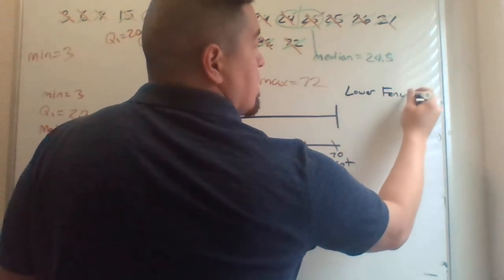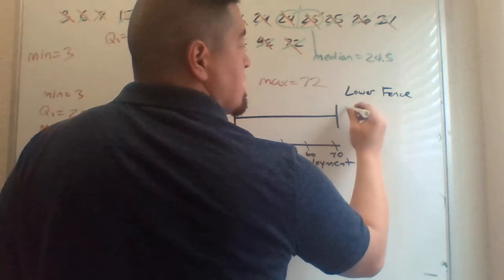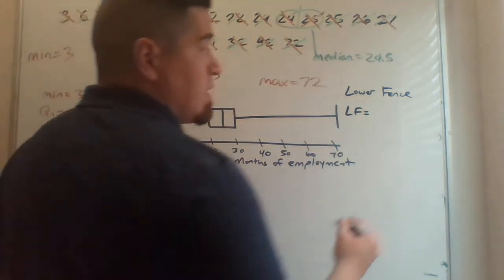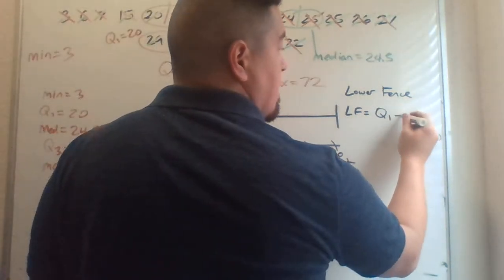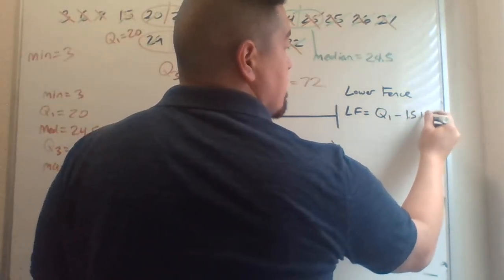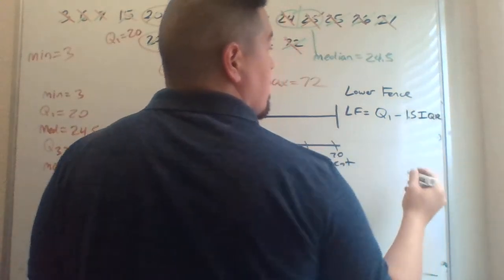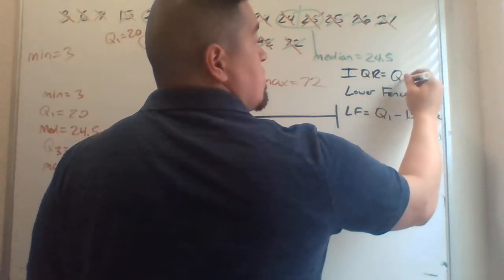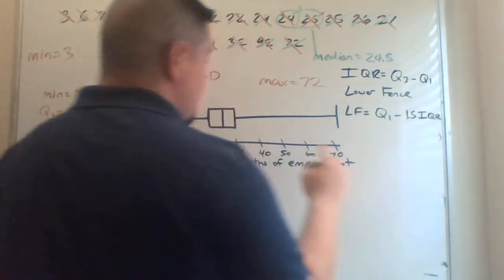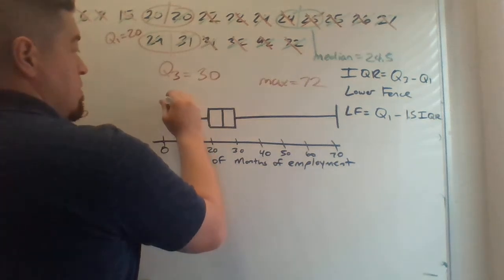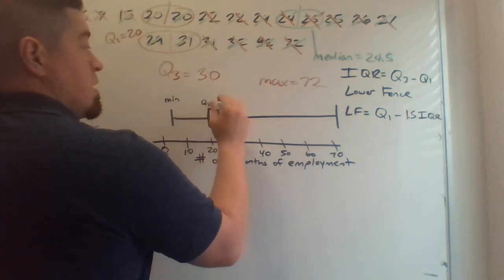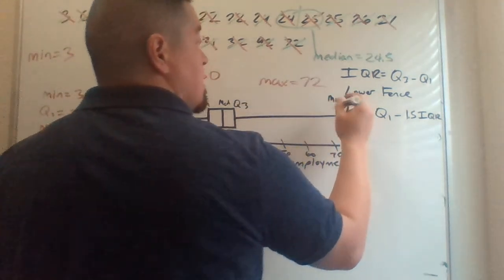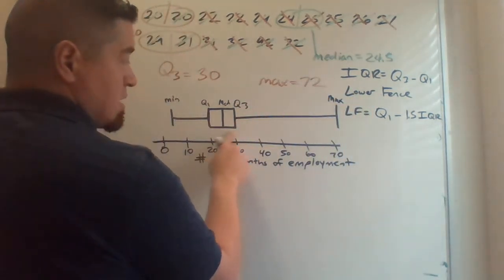We're going to find the lower fence, which we'll call LF. To find the lower fence, you get Q1 minus 1.5 times the IQR. And the IQR is called the interquartile range. This is just Q3 minus Q1. In other words, if this is the min, that's Q1, that's the median, that's Q3, and that's the max, the interquartile range is the distance of the box.